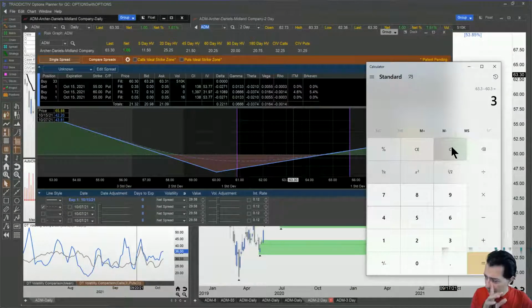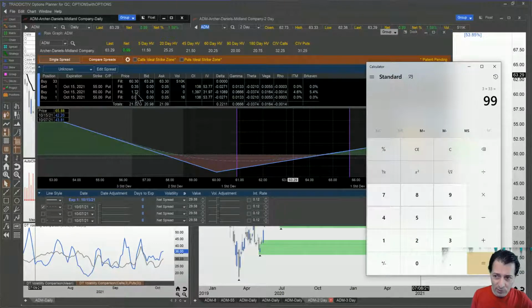I made $3 per share, and because it's 33 shares, I would have made $99. So if I close the stock now, I'm going to make $99. Another way to think about it is that the put I had, which I paid 172 for, that cost is diminished by 99.